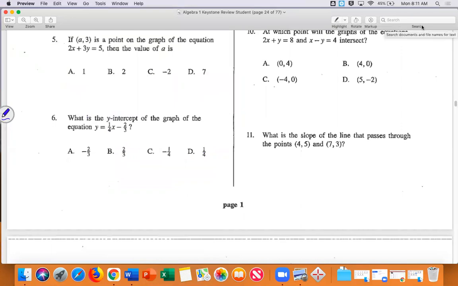Sophia, what would you do for number 5? And then I wrote out the equation. So I put it in 6.